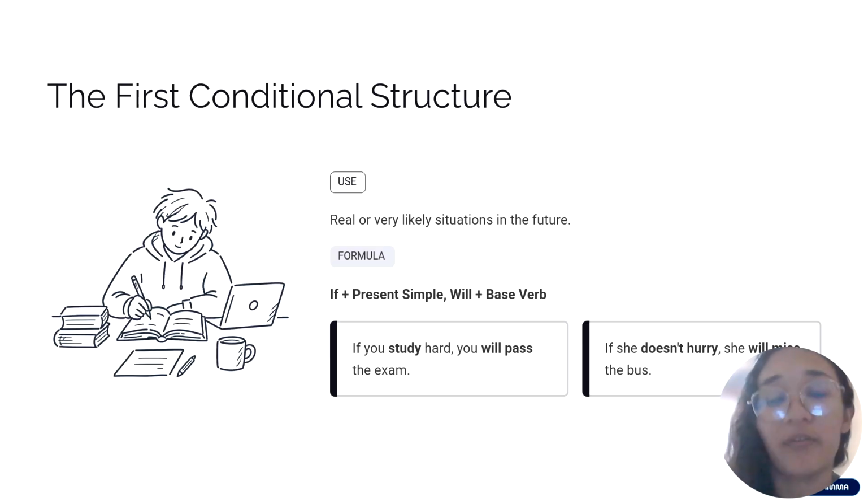So here we have the structure, so pay attention. If plus the simple present, followed by a comma, then the word will plus a base verb.